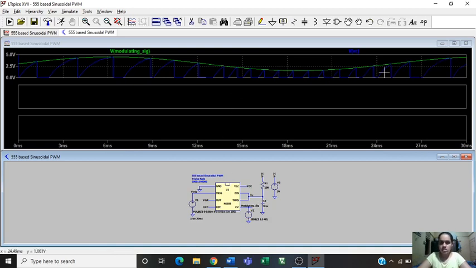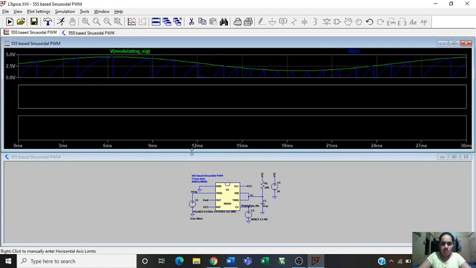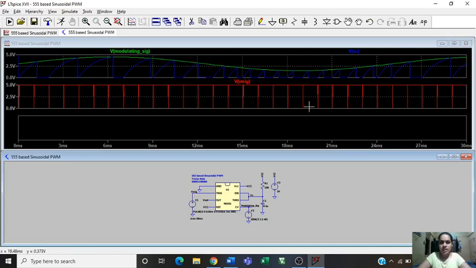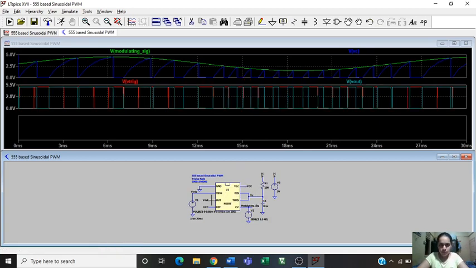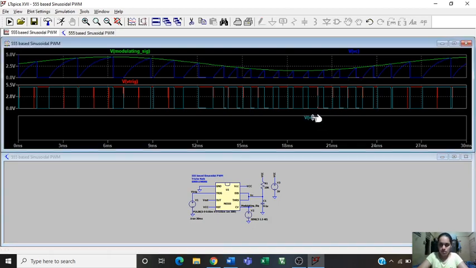This is the capacitor or VC. For the second plane, I'm going to get the trigger. So this is my trigger which I am giving to the IC, and finally my output which I am going to get from here. So let us get output 2.